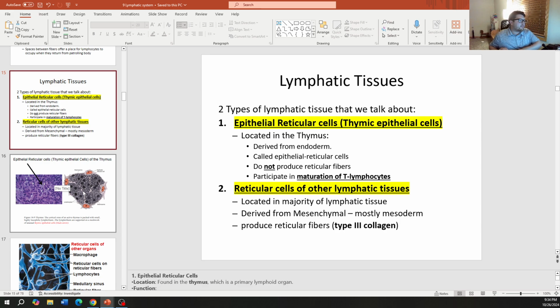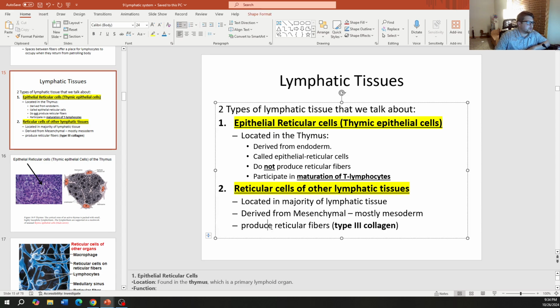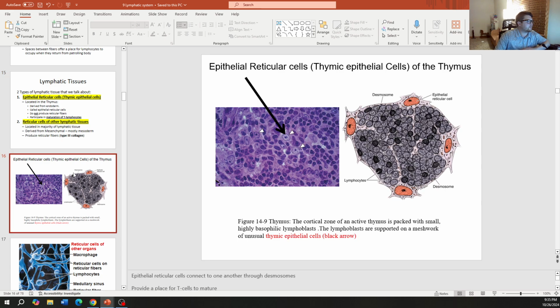Okay, finally, the reticular cells of other lymphatic tissue. These are derived from mesenchyme, or mesenchymal cells, that mesoderm. And they do produce reticular fibers, specifically the type 3 collagen fibers.